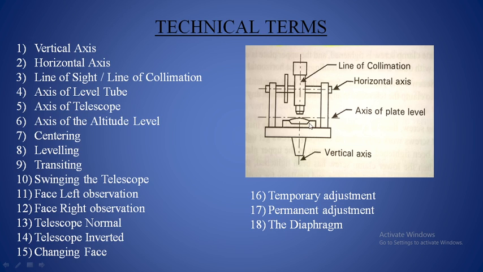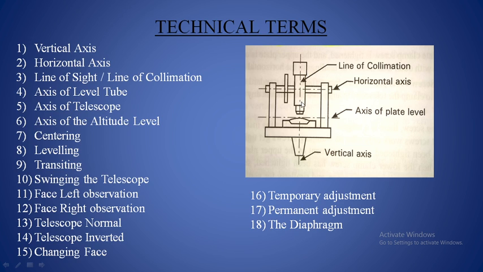So the next one is telescope normal. If you read the measurements keeping the vertical circle to the left, it is known as telescope normal. If you keep the vertical circle to the left and read the observations, then that set is called telescope normal.